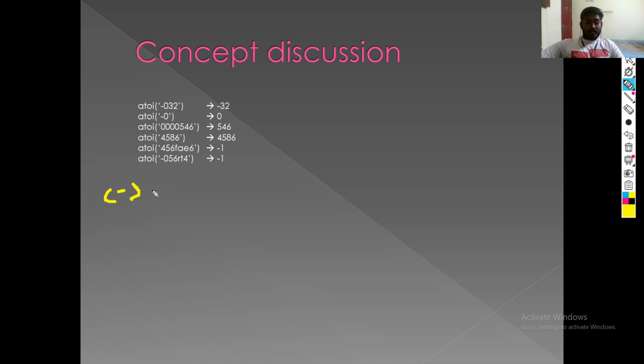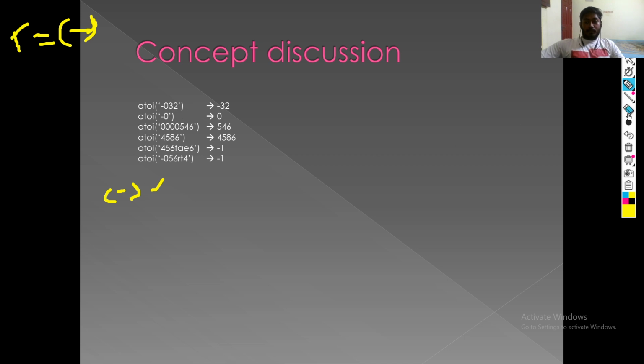If the string contains a minus, we take it into consideration using another temporary variable. After that, we have to move on to 032.